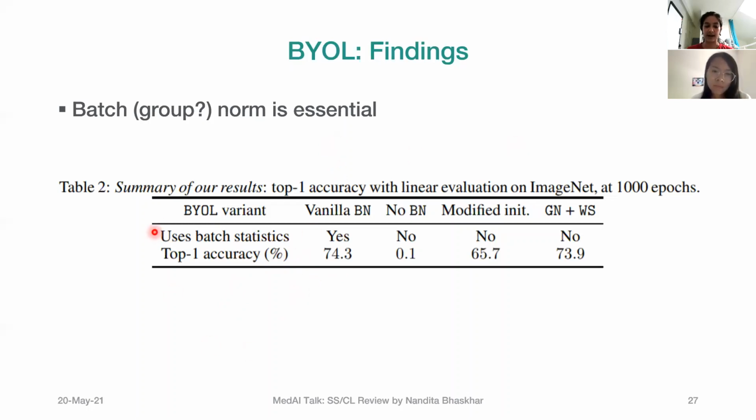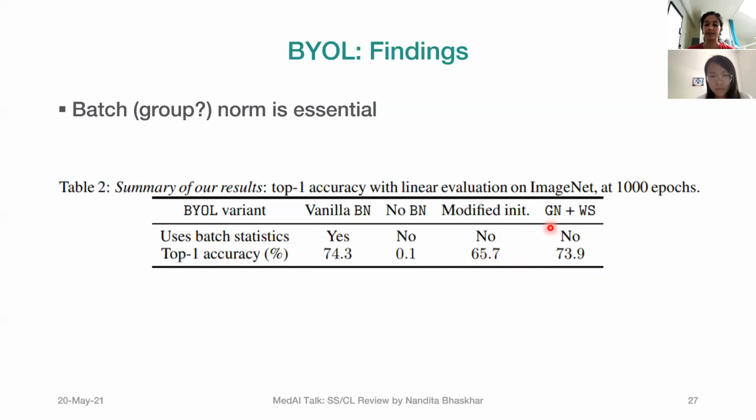So for instance, if you take the vanilla BYOL variant, it performs really well and it uses batch normalization. If you just remove the batch normalization, the accuracy drops to practically 0. But if you provide a modified initialization scheme, the performance shoots back again.